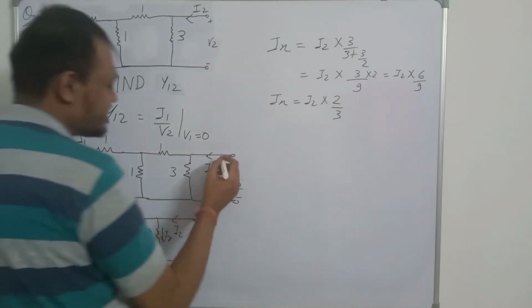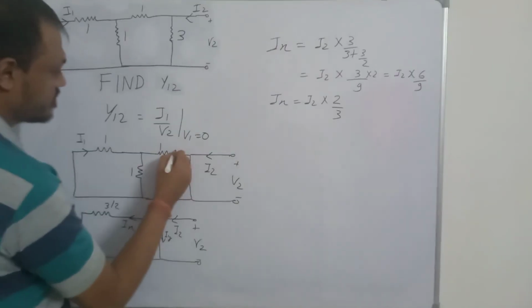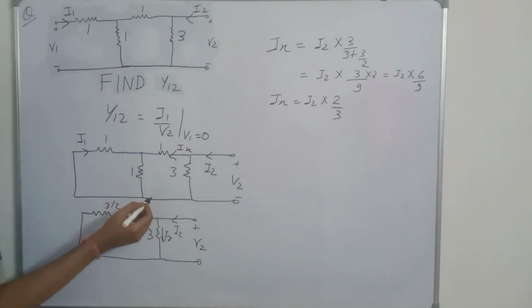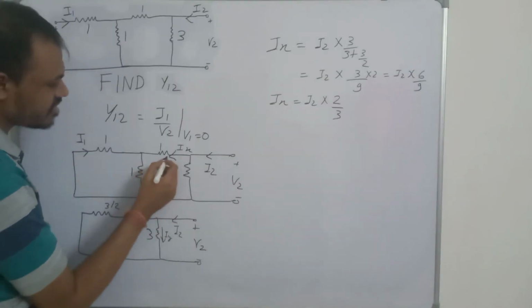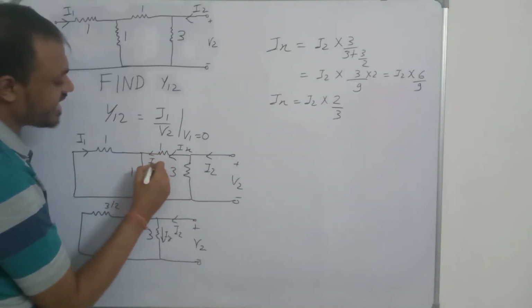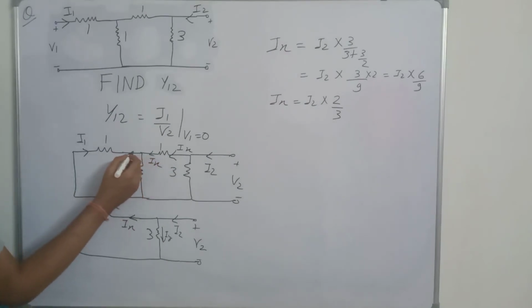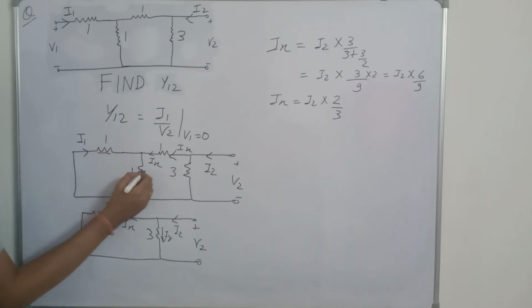Now this Ix is flowing through this. So this is Ix current actually in our circuit. So this will also be Ix. Now when coming through this, Ix is getting divided into two currents, through the 1 ohm resistor and the 1 ohm resistor.